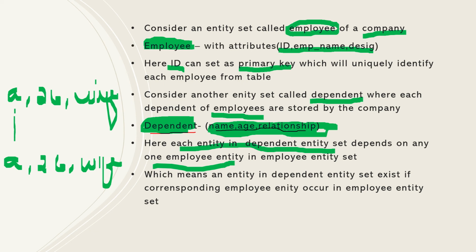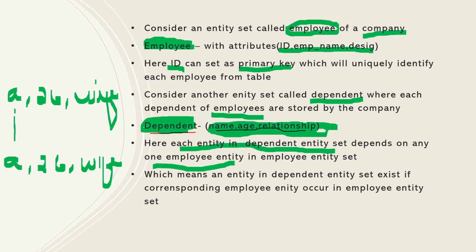If you want to uniquely identify a dependent entity set, or if you want to set a primary key for this dependent entity set, we will take only a minimal number of attributes that can help to identify an entity uniquely. Suppose that we are taking name.